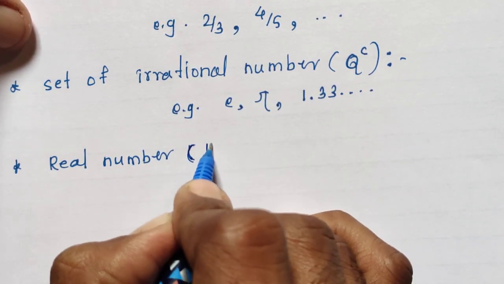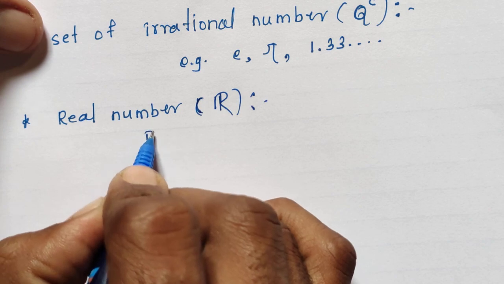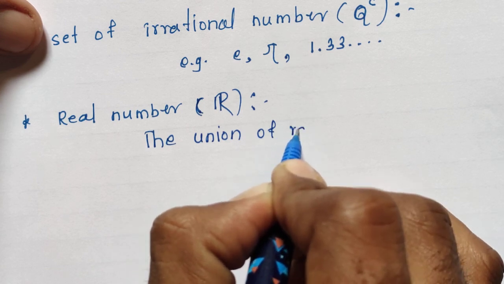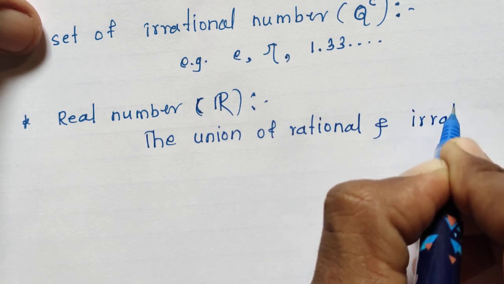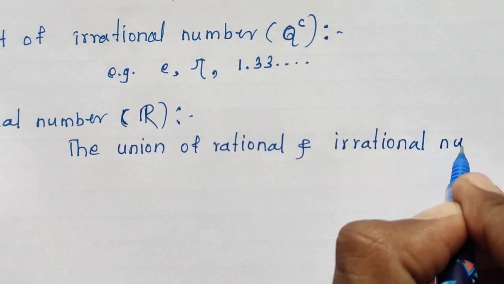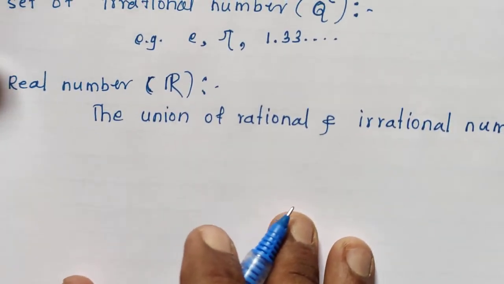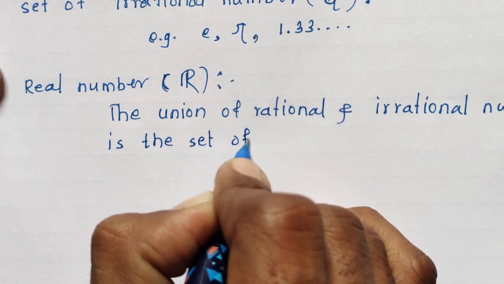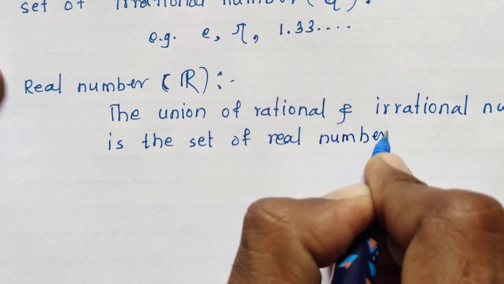The notation of the set of real numbers is R, and we can say that the union of rational and irrational numbers forms the set of real numbers.